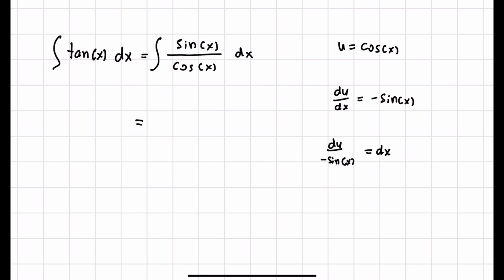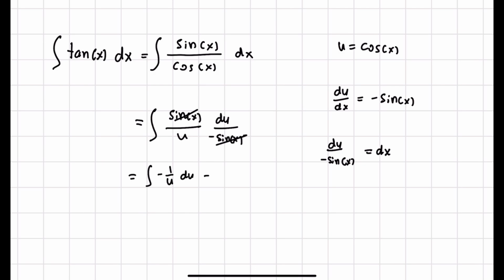So now let's substitute everything. So sine x over u, and then du over minus sine x. And you can see that the sine x's cancel out now, which means we're left with the integral of minus 1 over u.